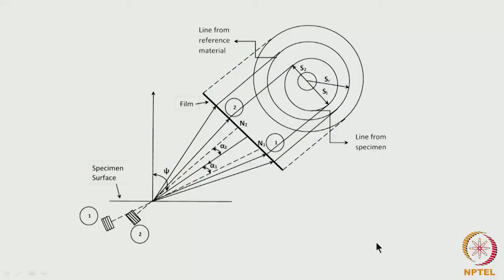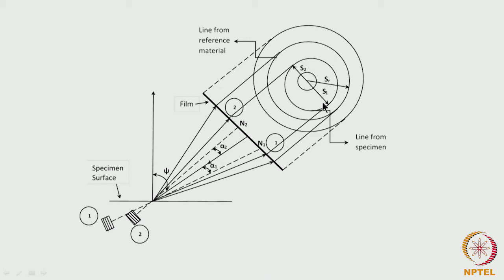In this case, as I already said, the radius is normally shown by measuring S1, because this side is more susceptible to strain, and that is the reason why S psi is nothing but this value S1.